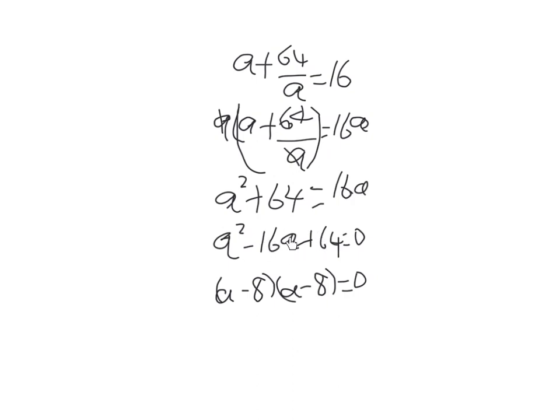After finding the factors, we've got A minus 8, A minus 8. We're going to have one value of A. And then we continue and solve. We have A minus 8 equals 0.